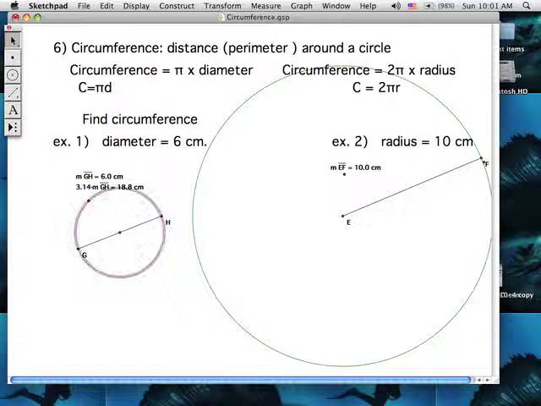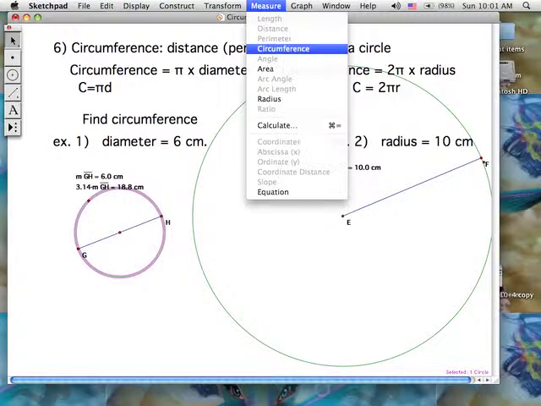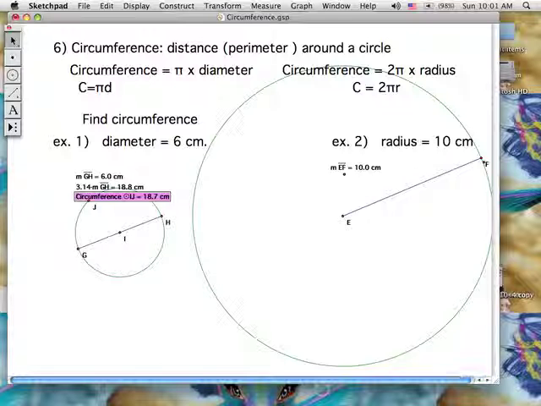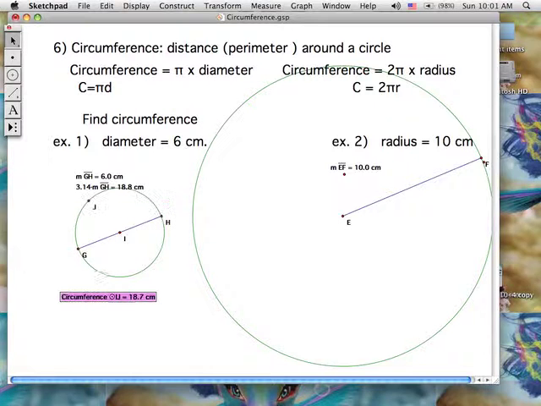Now it might be a little bit off if I go ahead and measure it. I get 18.7 because they're using a more precise measurement for pi.